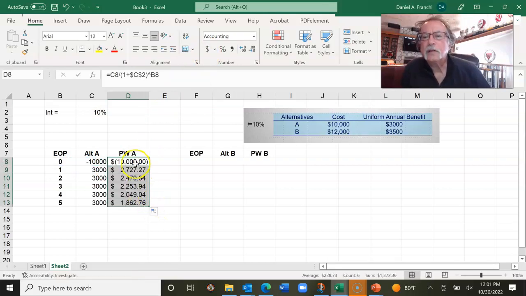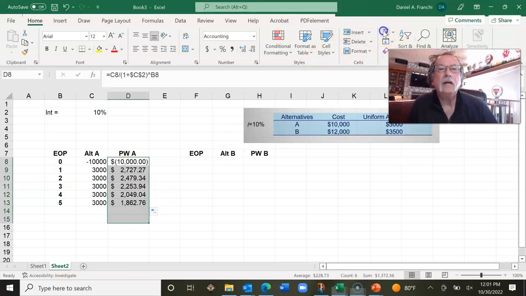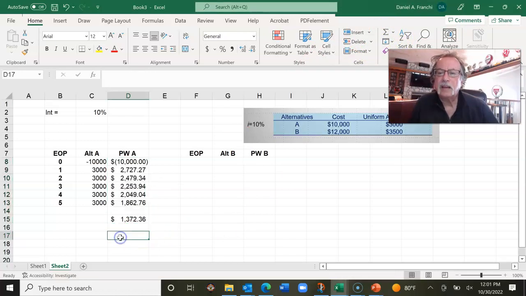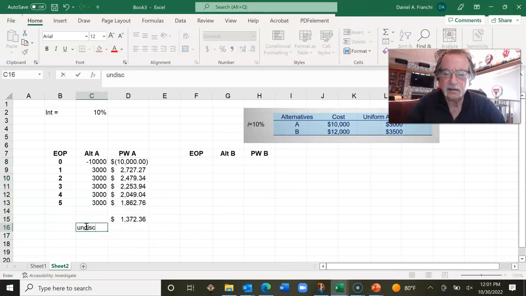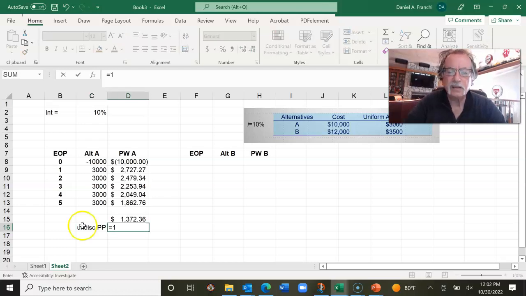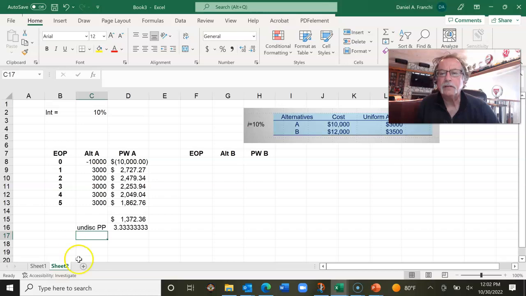This has got a positive present value. The undiscounted payback period equals 10,000 divided by 3,000, 3.3 years.